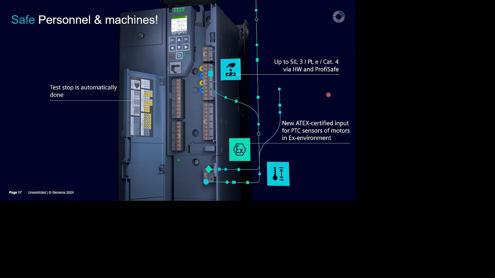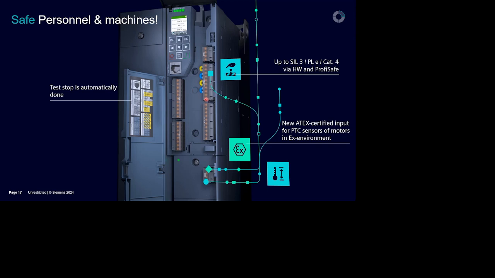Then another innovation is that we now reach SIL 3 PL e category 4, no matter if it's via hardware, so via direct terminals, or via PROFIsafe, via the industrial communication bus. In this case, you see here, we have this terminal connector to directly connect the STO, the emergency stop, directly to the drive.